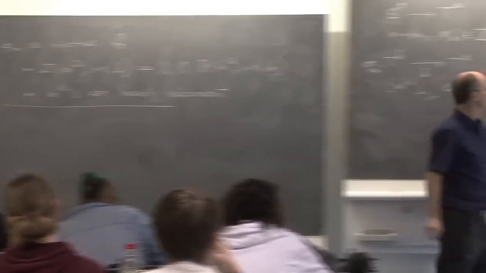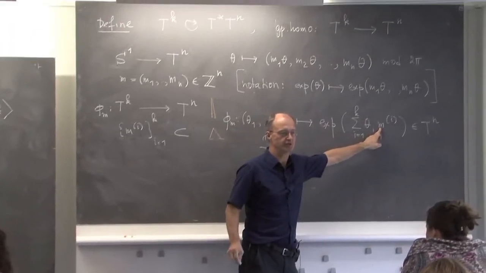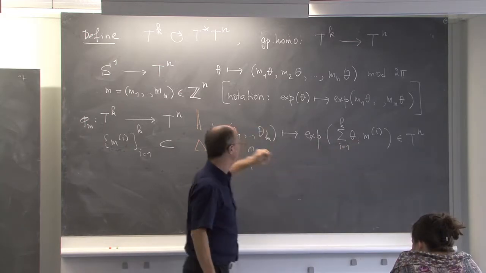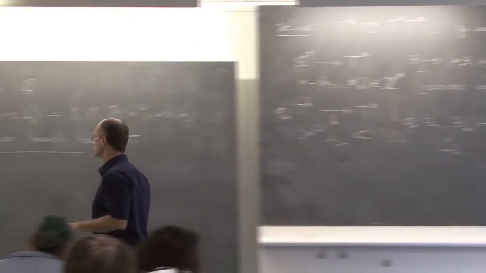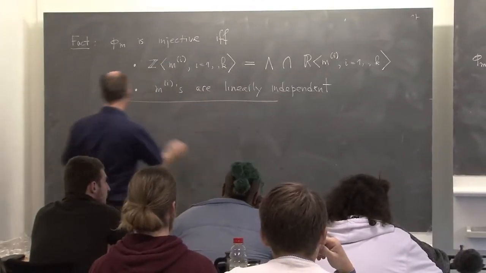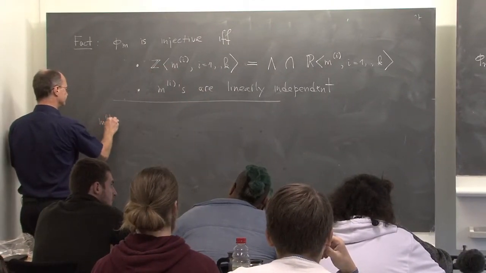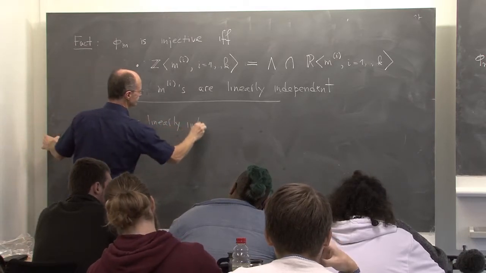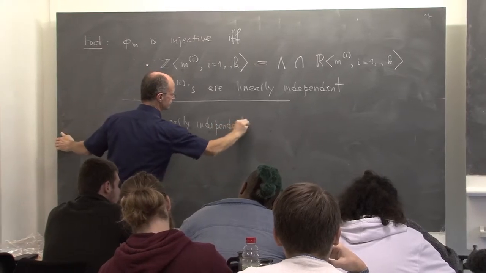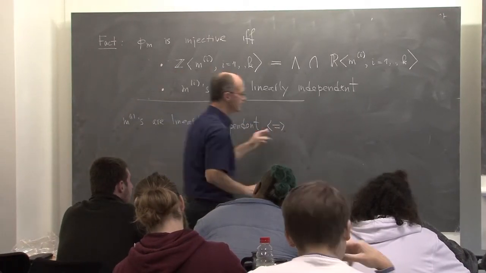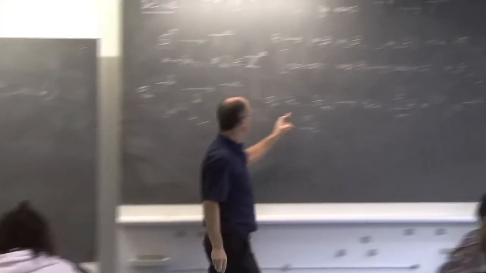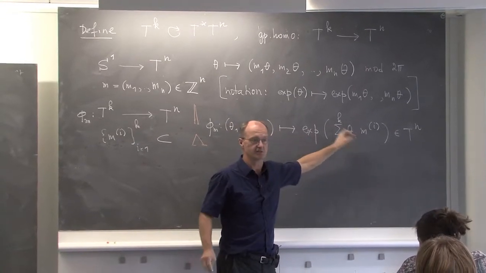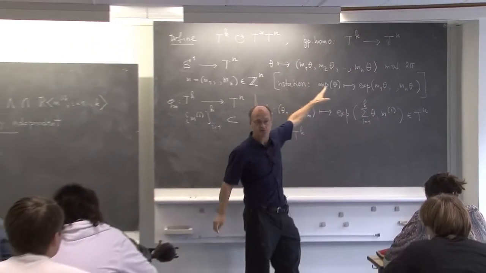So we want this map to be injective. So this is a map between tori. But then note that this condition, that the mi's are linearly independent, is the same as the injectivity of this map already at the level of vector spaces, right? So we can forget that we do everything mod 2 pi.